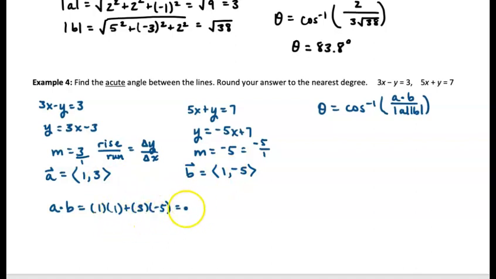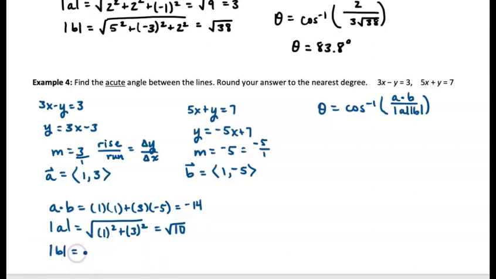All right, 1 minus 15 is negative 14. So we have our dot product. Now for our magnitude of A, our magnitude of A is going to be the square root of 1 squared plus 3 squared, which is the square root of 10.